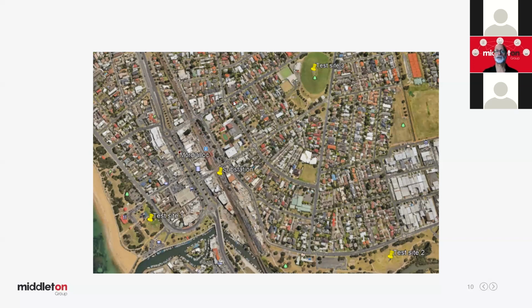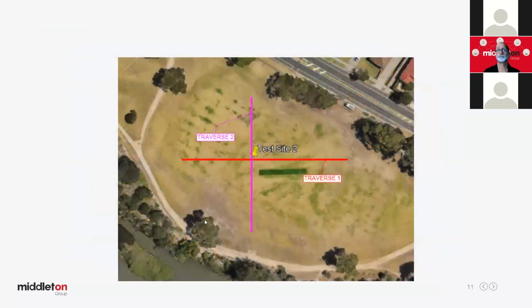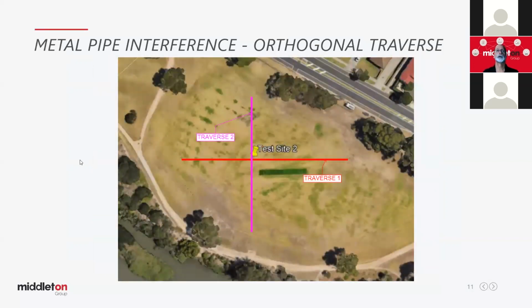Then just looking at the top two layers of the soil, we could bring together quite a reasonable soil model that we could use in the design of our substation here. So again, don't be too afraid to get further away and gain some more information about what might be happening there.